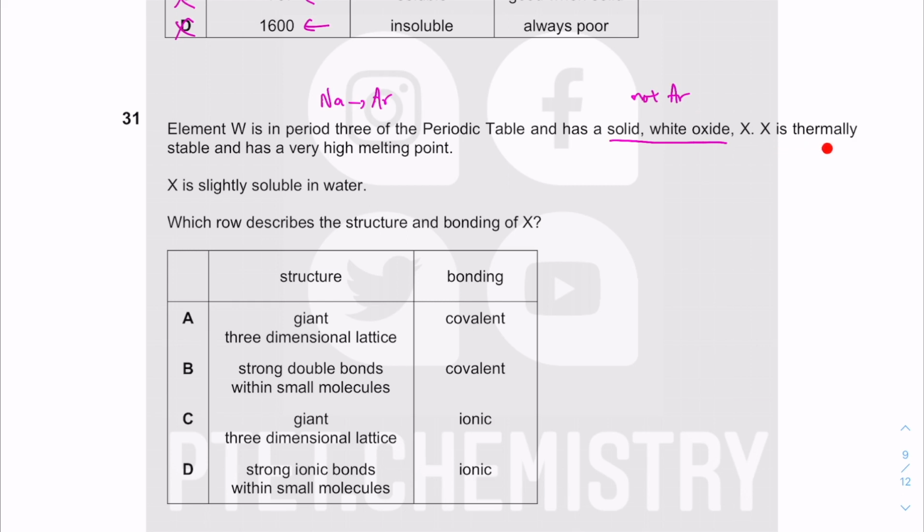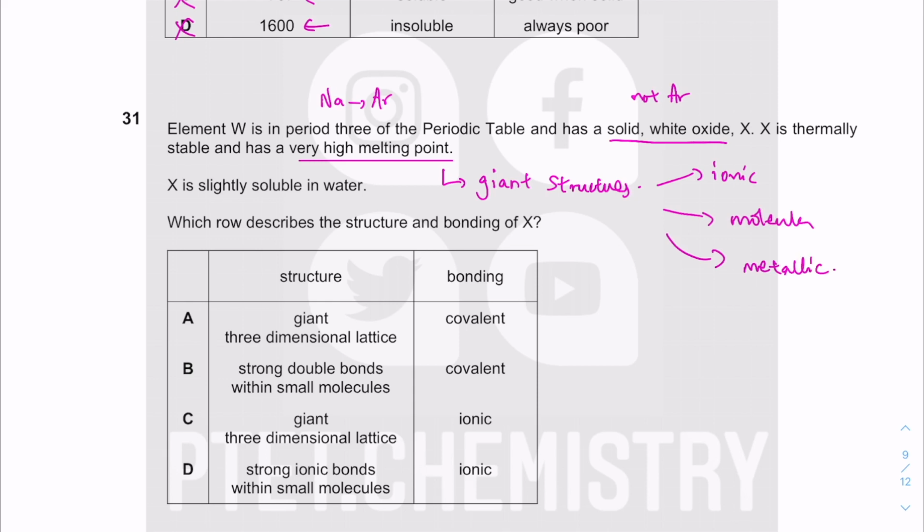X is thermally stable. X is the oxide. Very high melting point. Okay, so it's one of those giant structures. Just like in the previous question, giant structure could mean giant ionic, giant molecular, or giant metallic. But what I can say is it cannot be metallic because X is a compound.